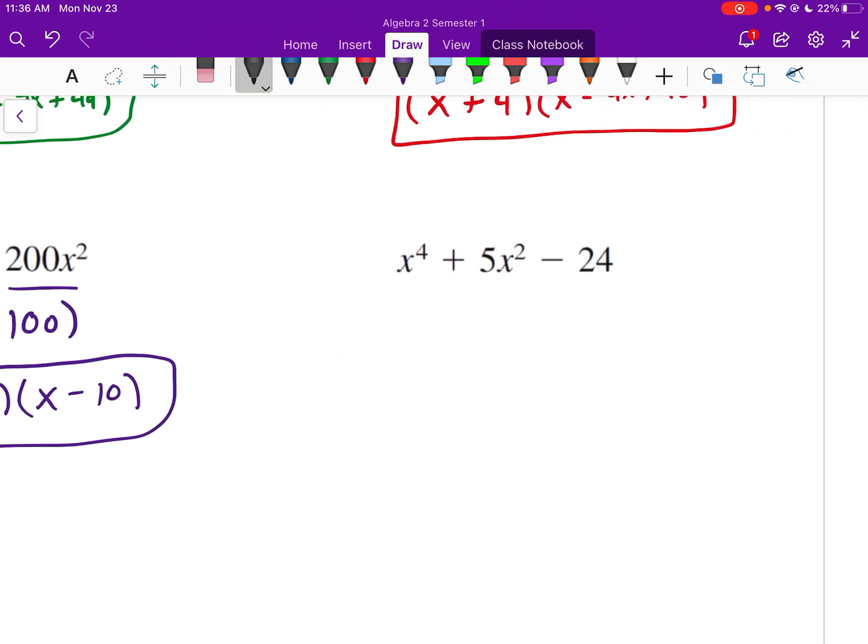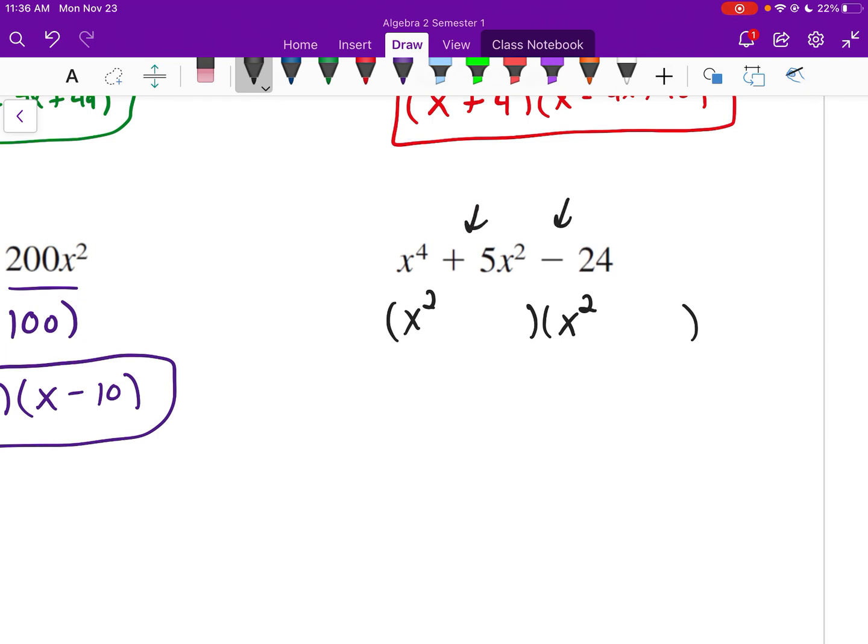All right, last one here. Again, look for that greatest common factor. In this case, there is none. Okay, and we got a trinomial. So now this is a little bit different because I got x to the fourth. So I need to multiply x squared times x squared, or you can do x and x cubed, but let's start with that x squared.